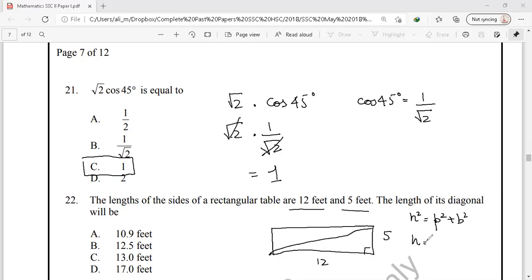So h would be equal to the square root of 12 square plus 5 square. 12 square is 144 and 5 square is 25. The sum of 144 and 25 is 169, and its square root is 13. So the correct option in question number 22 is option C, that is 13 feet.